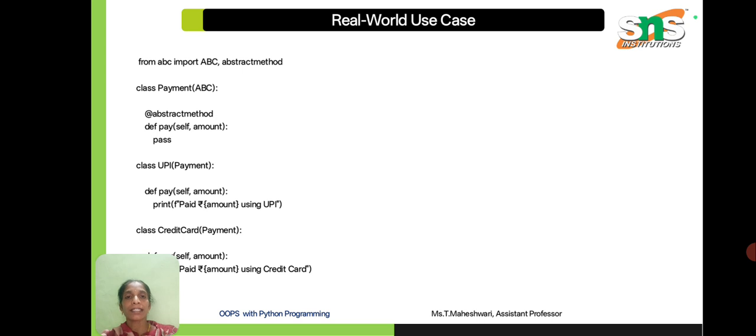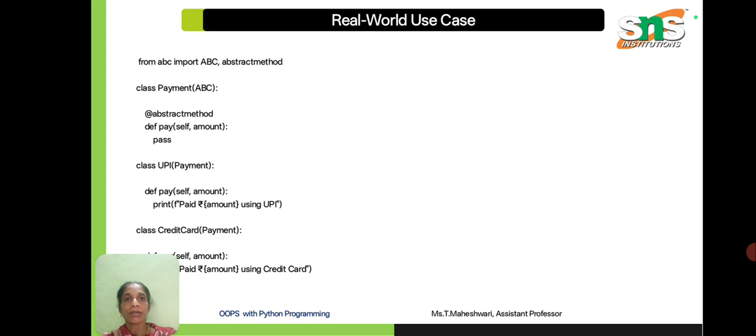The first class, payment, inherits the module called ABC. By default it uses the method called abstract method. I have a function inside my class called pay. In this class I have a variable called amount. Amount will be in cash payment. That's what I am using, just an amount. After that I have another class called UPI.